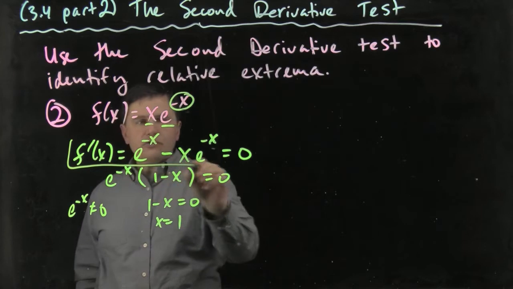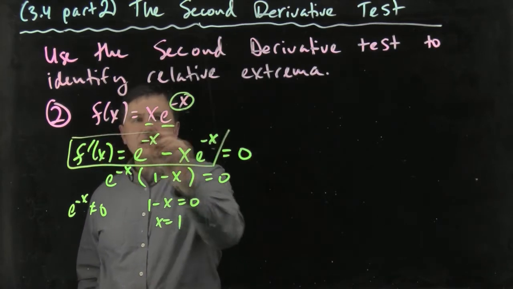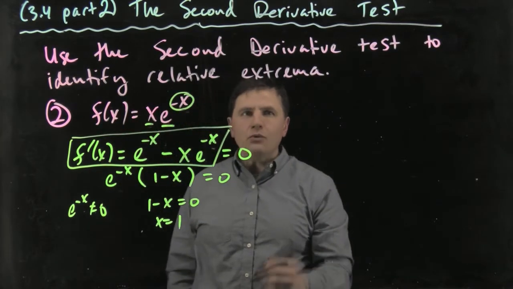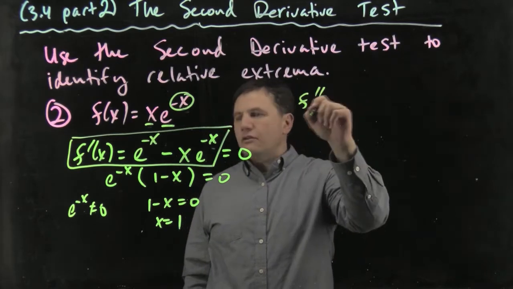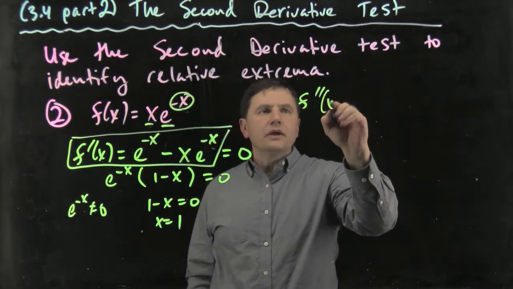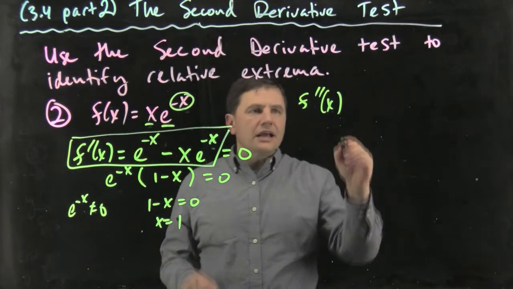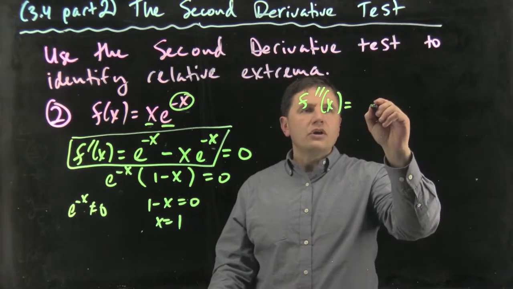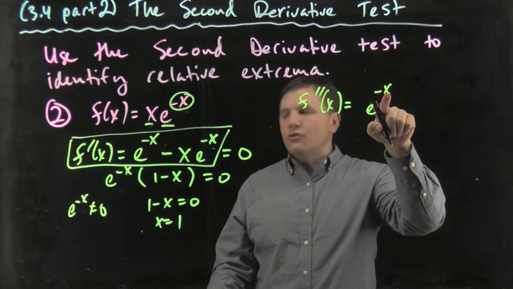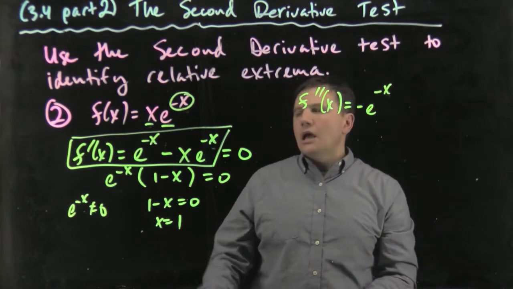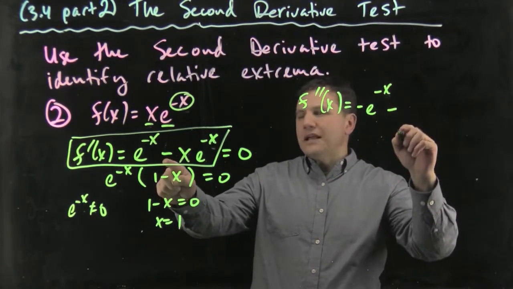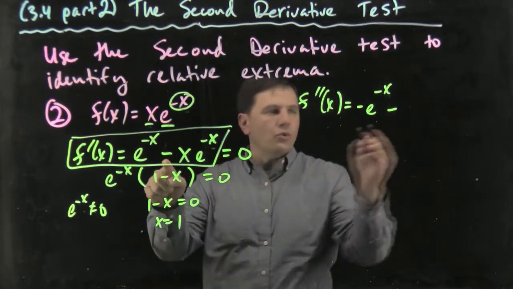So here's my first derivative. If this wasn't already simplified, I would want to simplify this. So let's take our double derivative here. We've got to take the derivative of e to the negative x. Got to use chain rule. So the derivative of e to the blob is e to the blob. The derivative of negative x is -1. I would say with this minus, be careful here, because we do have to do product rule.